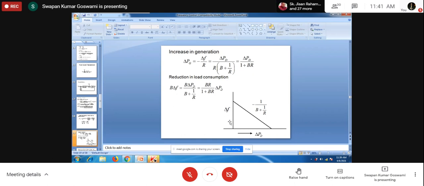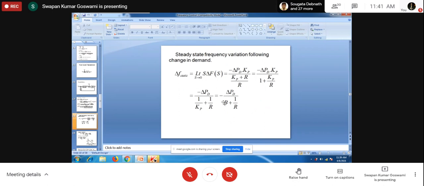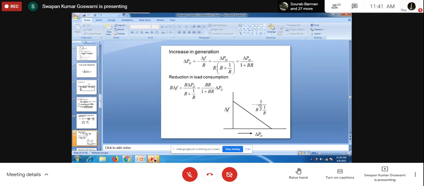Del F here and delta Pd here. You see that del F by del Pd is minus 1 upon B plus 1 upon R. This is the droop of the system. Previously the droop of the governor was somewhat less, it was minus R. Now, because of the load and the governor together, the droop is minus of 1 upon B plus 1 upon R. So this is the load frequency characteristic of the power system.